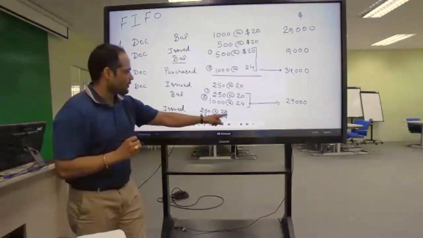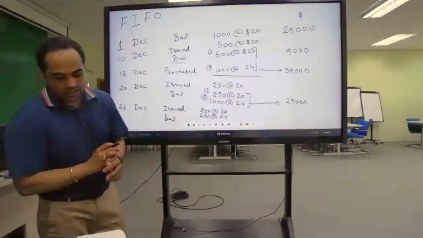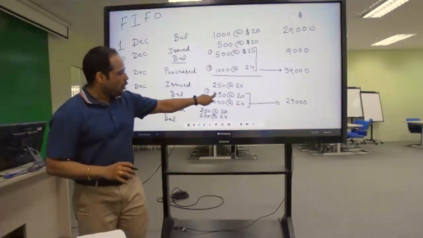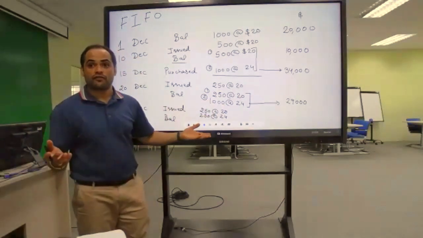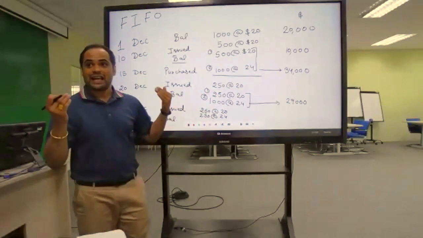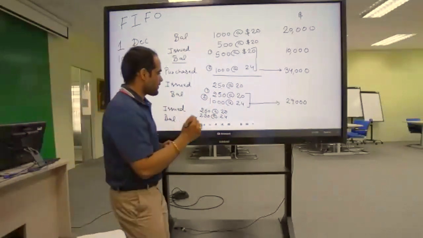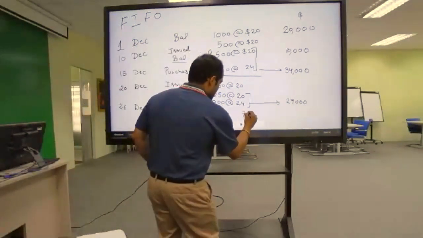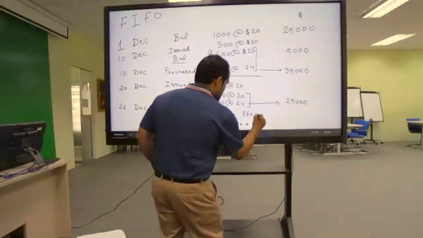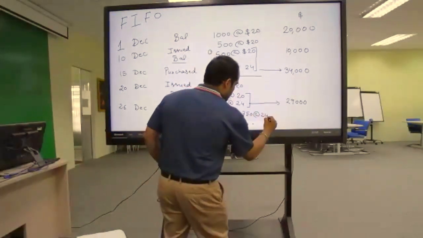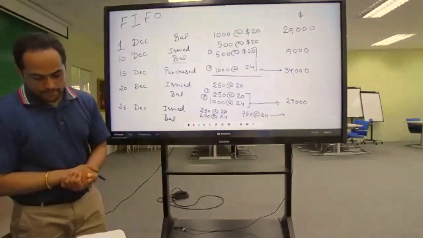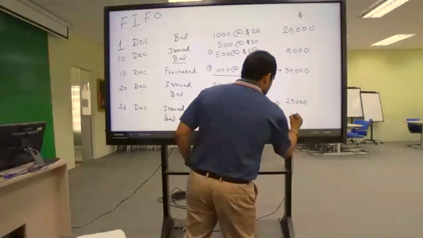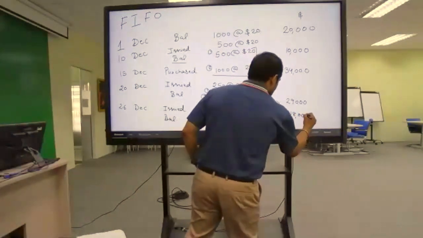Balance. So I'll write down here balance. This one is already finished. Now we use 250 from here. So how much left? 750 at 24, which means 18,000.